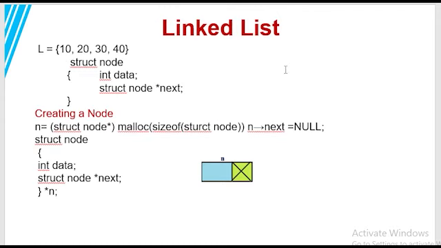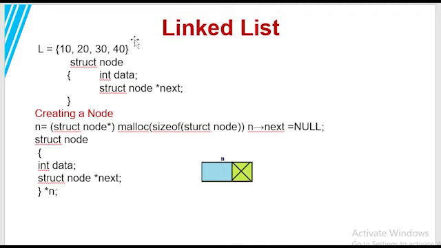Let us see the linked list implementation. For a linked list, you create a node, and that node contains two sections. The first section gives the data, and the second section represents the address of the next element. So this is the structure of a node in a list. And how can you create a list? You create a node for each and every element.